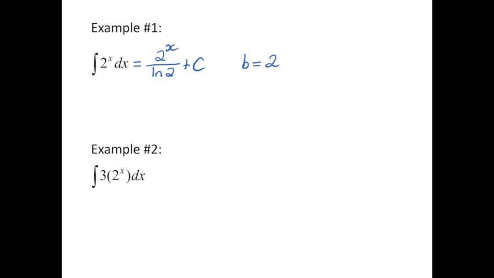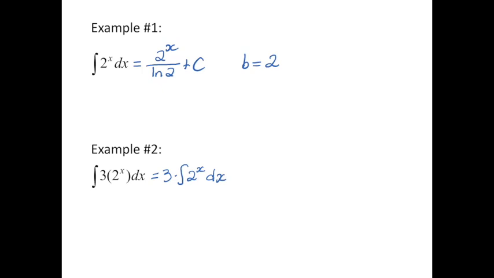Now let's say we had the integral of 3 times 2 to the x dx. So we have this additional multiplication by 3. For this, we can use the fact that we have that constant multiplier of 3, and the rules say that 3 can come outside of the integral and become 3 times the integral of 2 to the x dx.